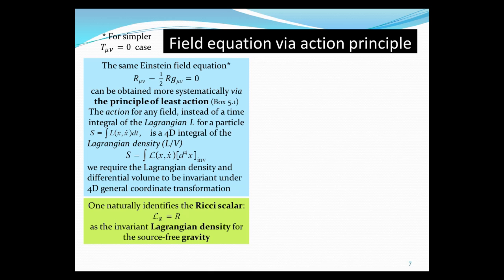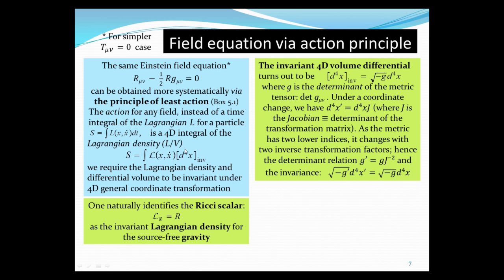So it's natural that we identify the Lagrangian density as a scalar, so that it has all the metric dependencies in it. So that's the invariant Lagrangian density for source-free gravity. This script L is simply the Ricci scalar.